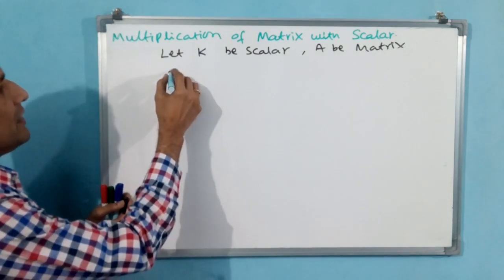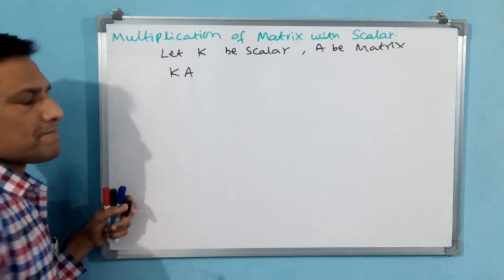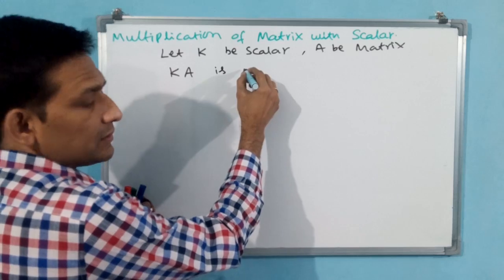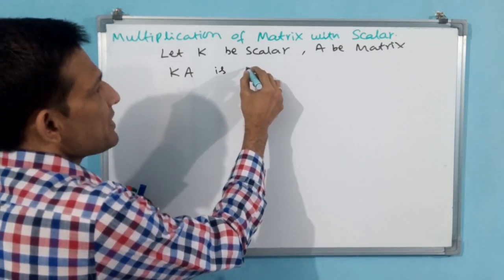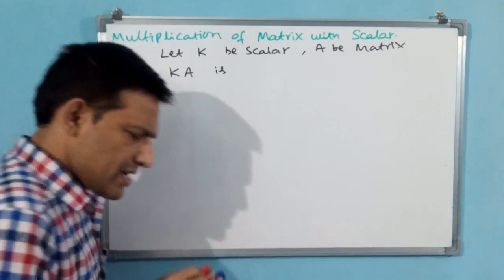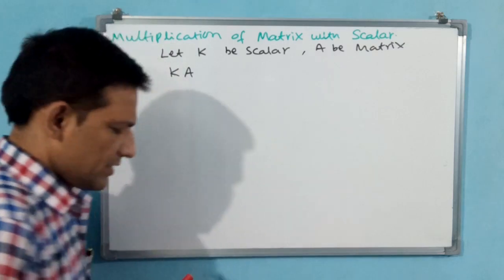Okay. Now you see, Ka is multiplication of scalar with A.